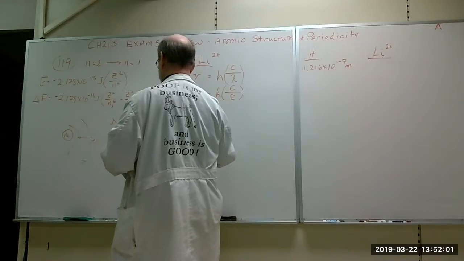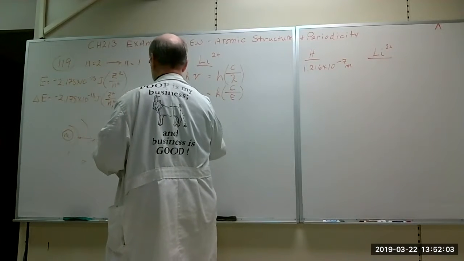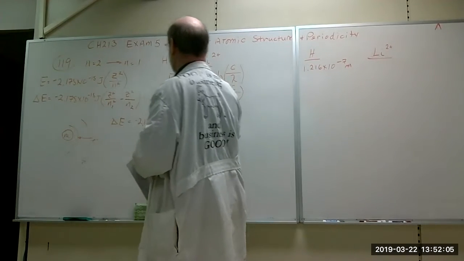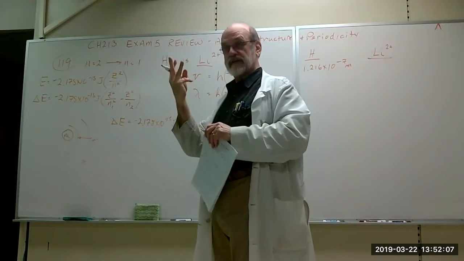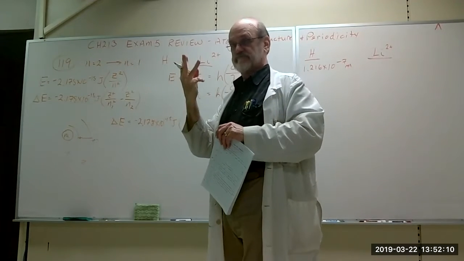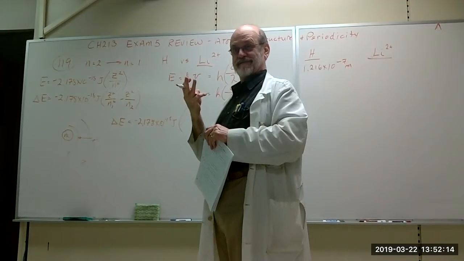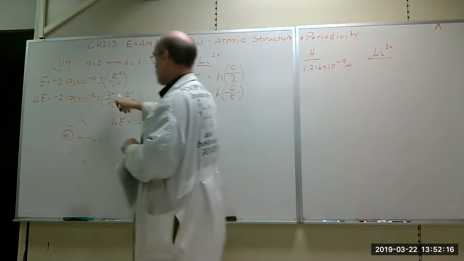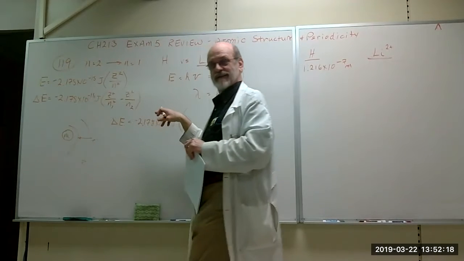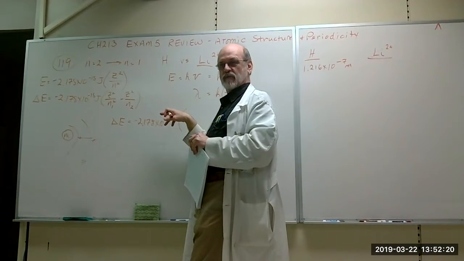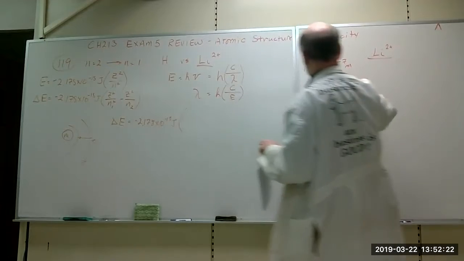And then we want, in this case, Z for lithium is 3. Right? Because lithium has 3 protons. Whereas hydrogen, it was only 1. Right? We didn't have to do the hydrogen because it was already given to us.